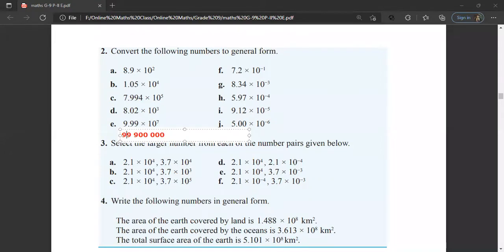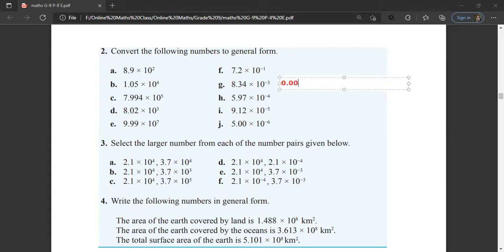F. 0.72. 0.72. Good. G. 0.00834. Very good. 0.00834. Very good.